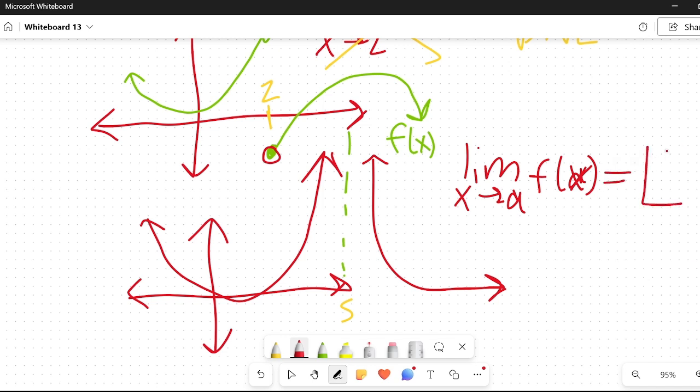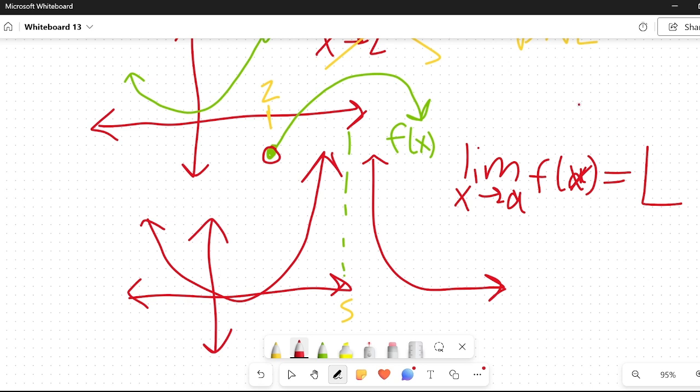But we said that L has to be some constant value. It can't be infinity, at least for now. So if the values close to it go to either infinity or negative infinity, for example if we have unbounded behavior like so, then this limit won't exist.